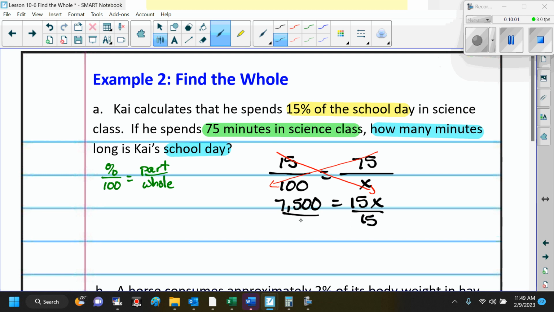And then you guys do that for me. What'd you get? 500. Did everybody get that? All right. So x is equal to 500. 500 what? Minutes. Very good. Especially because this is a word problem, you need to make sure that you label. Is everybody clear?